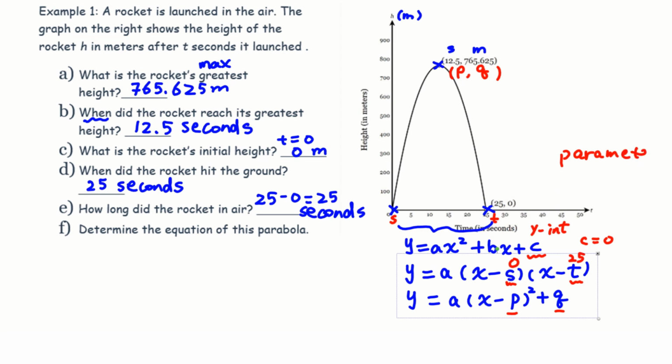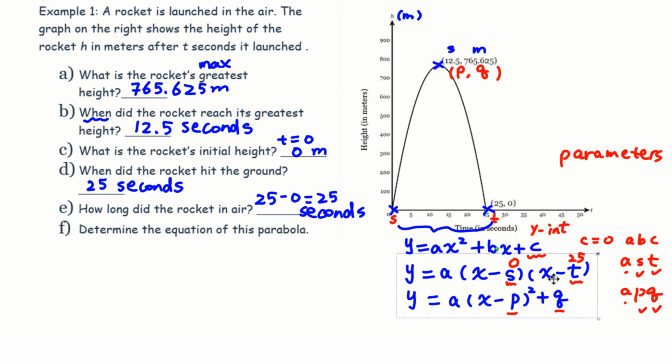The parameters are the values that you need to find in order to write the equation out. The first has a, b, c, the second has a, s, t, the last has a, p, q. For the last two, you are given 2 of them, so you have only 1 unknown.